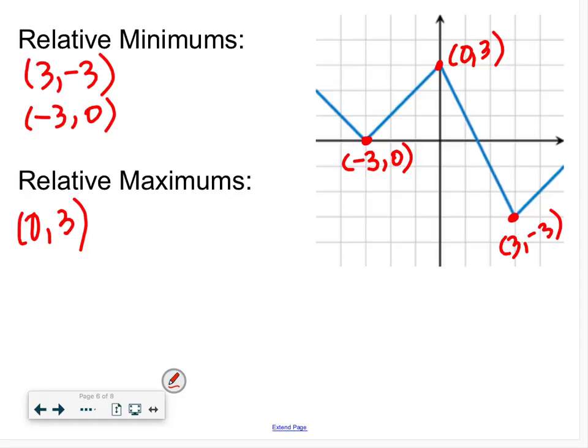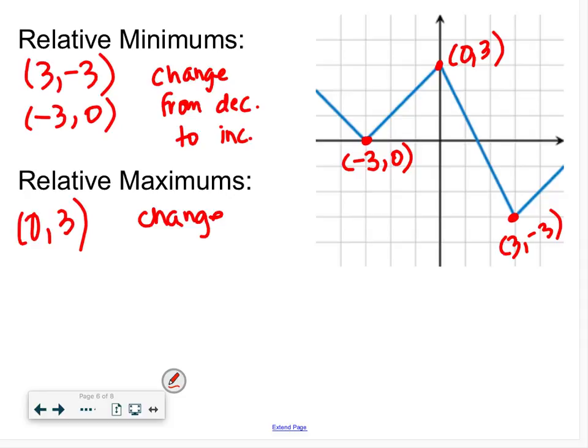So relative minimums are going to happen when you have a change from decreasing to increasing. Like we do here, we go decreasing to increasing, there's a minimum. And then vice versa for our relative maximum. All we need is a change from increasing to decreasing, and boom, we have a relative maximum.